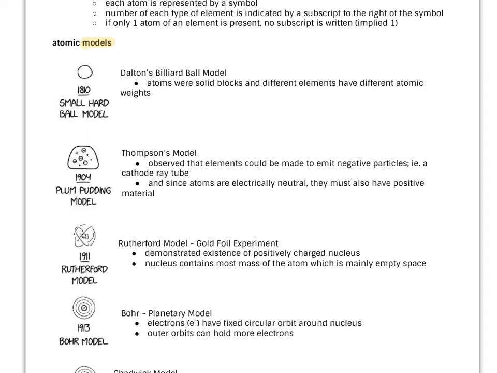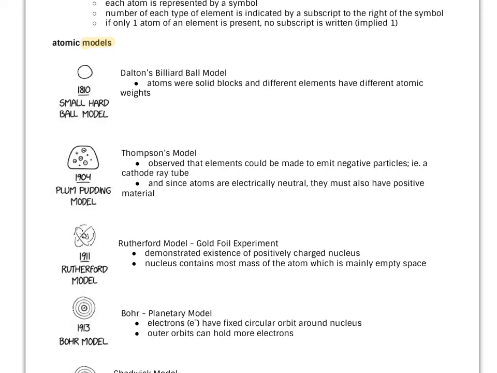For atomic models, since these particles are so small, scientists would have to experiment to determine their composition. Remember, they can't just cut into an atom with a really small laser, a scalpel, anything like that. To determine their composition, they had to experiment in order to find out how they were made up, what they were made up of.